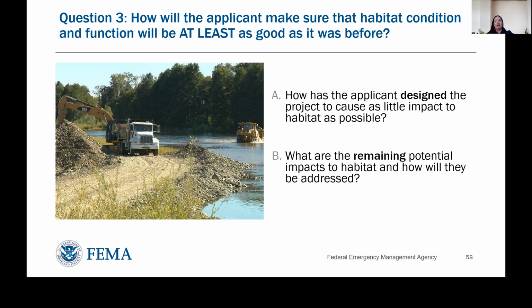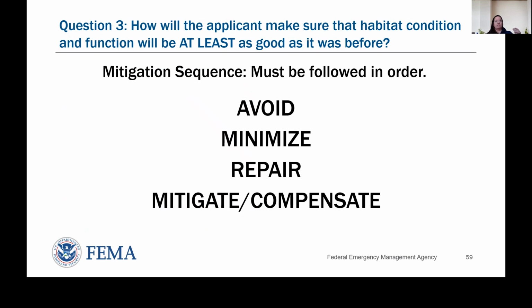So when we're looking at both of these things, both how the project is designed to minimize impacts and then how the remaining impacts are addressed, we need them to follow what's known as the mitigation sequence. The mitigation sequence is a sequence of strategies that you have to follow in order when you're looking at potential habitat impacts.